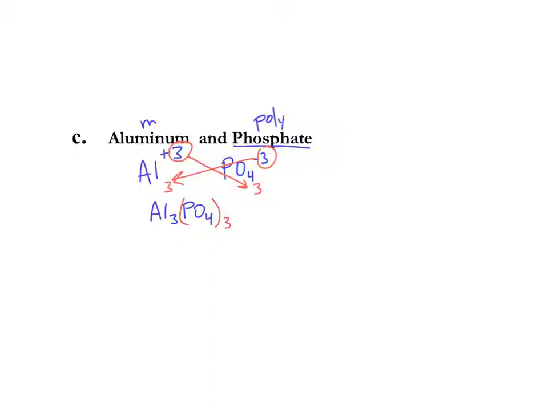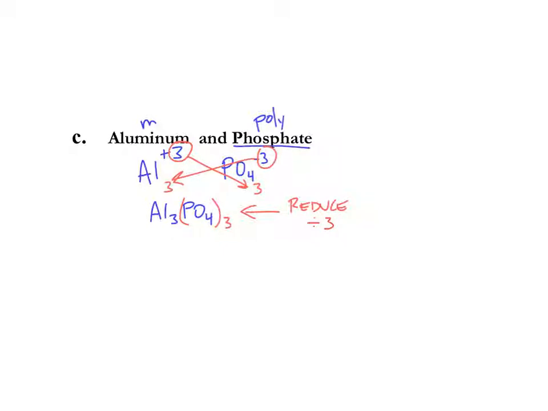Now, this is an ionic compound, and what's unique about these is they're telling me a ratio, which means I can reduce. So look at your new subscripts. You have a 3 and a 3. Remember, we cannot change the polyatomic subscripts, but we can change these. So 3 and 3, I can reduce those. I can simplify them both by dividing by 3.